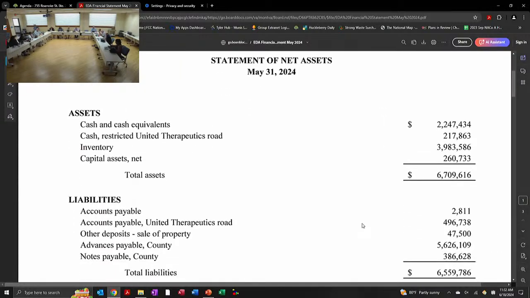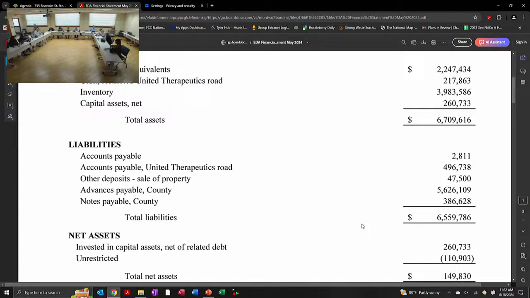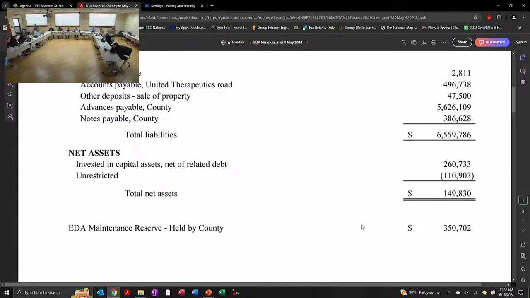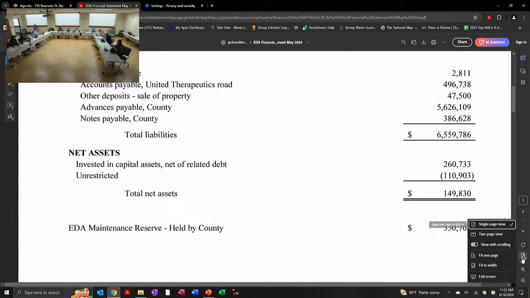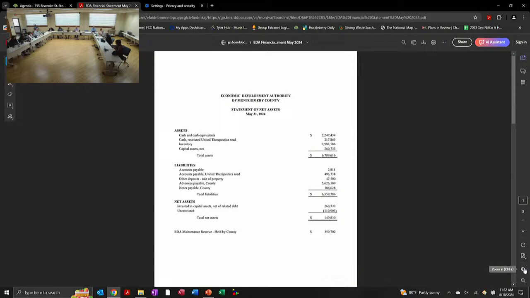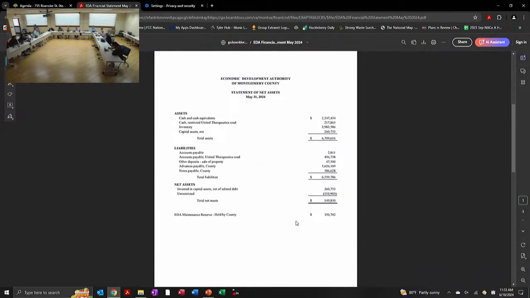Just as a reminder, the cash and cash equivalents is about $2.5 million. $2 million of that is set aside for planned gas expansion in the park, and a portion of that is also set aside to repay the county for the note. So our available balance to actually spend is not as much as it looks like. It's committed. That's right. Does anyone have any questions?